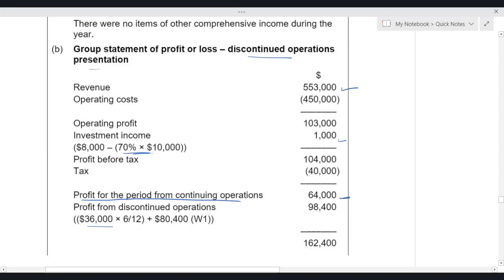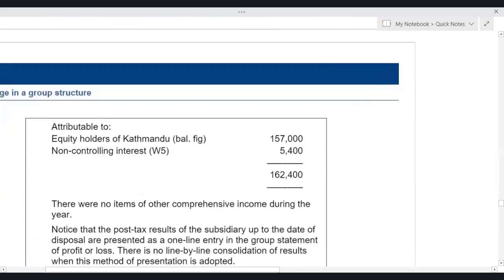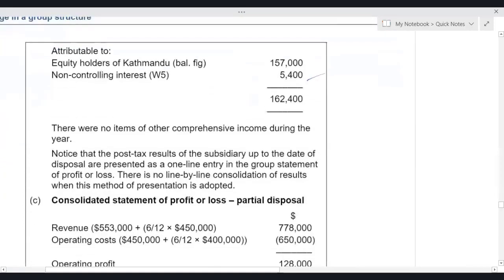Because we sold the subsidiary after 6 months. And look at this, profit on disposal. I think we did discuss when your subsidiary meets the definition of a discontinued operation. If the disposal of the subsidiary meets the definition of a discontinued operation, then profit or loss from discontinued operation will be shown: the subsidiary's profit with time apportionment plus the gain or loss on disposal. NCI value will remain the same, no issue at all. And there is no other comprehensive income scenario, that is why there is nothing in OCI.